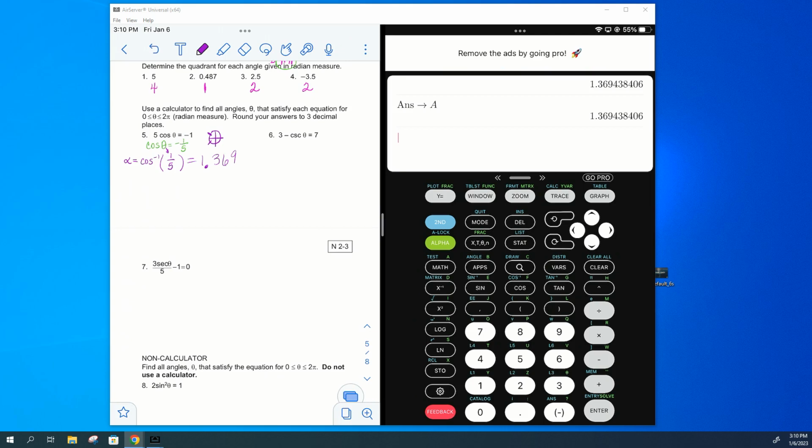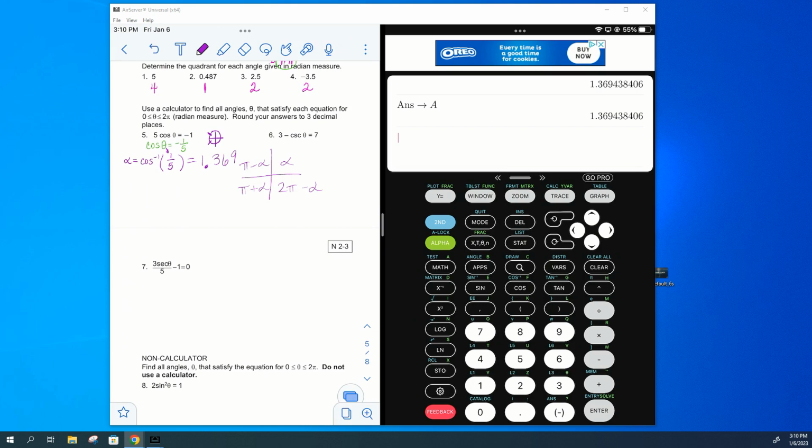Now, how do I get my actual answers? You told me that my answers were in quadrants 2 and 3. Do you remember, and I'm going to erase this chart when I get to number 6 because I need the space, how in quadrant 1, your theta was alpha? In quadrant 2, it's pi minus alpha. In quadrant 3, it's pi plus alpha. And 2 pi minus alpha.